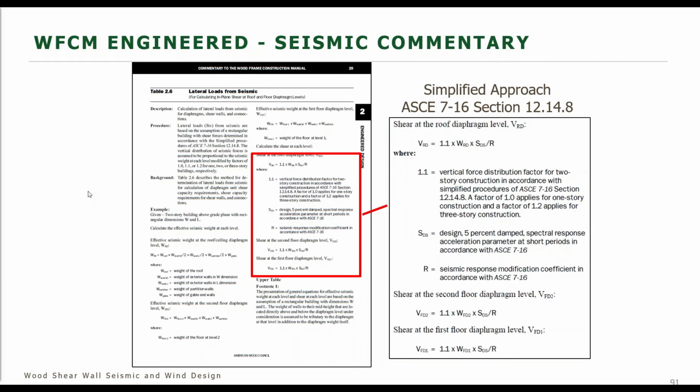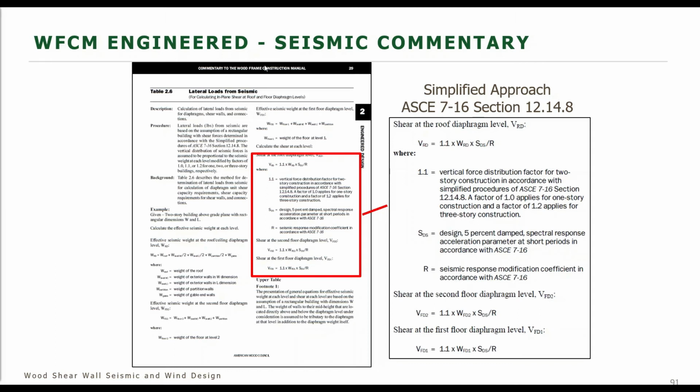The Wood Frame Construction Manual utilizes the simplified approach per ASCE 7-16, in section 12.14.8. And in the commentary of the Wood Frame Construction Manual, it goes into detail, step by step, on how this approach is incorporated. It incorporates the vertical force distribution factor, the design 5% damped spectral response acceleration parameter at short periods, and also the seismic response modification coefficient.